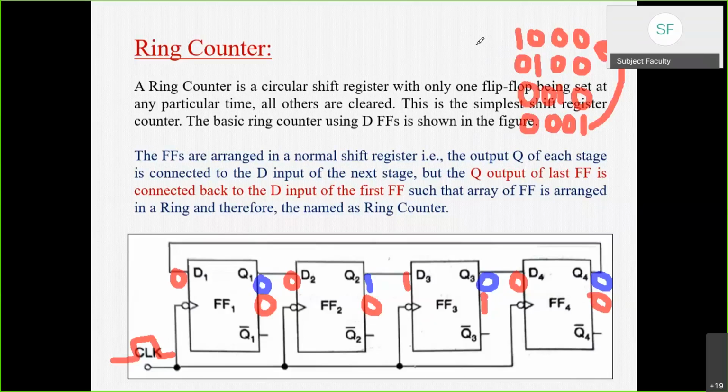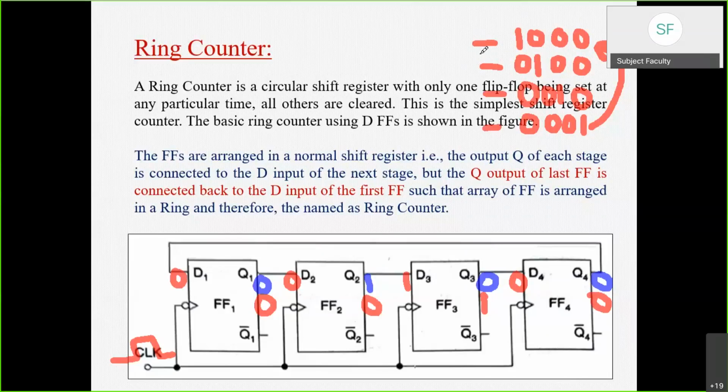So 4 different sequences are there. And these different states of the counter, while discussing the asynchronous counter, we have defined one term, that is modulus of counter.